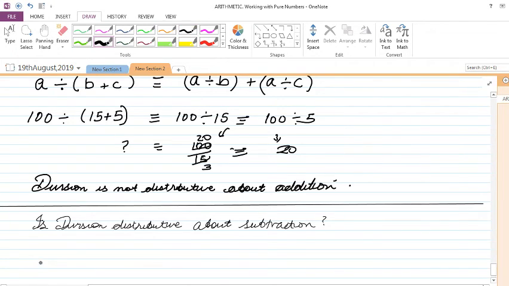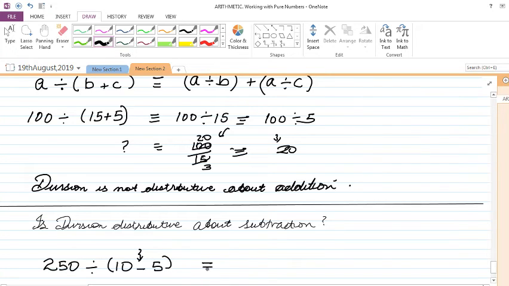I could take, for example, 250 divided by 10 take away 5. This is the subtraction. I want to see whether this will be distributed above that.